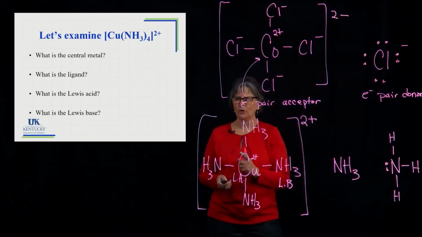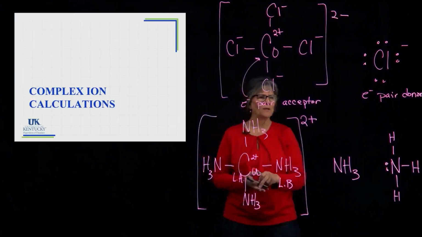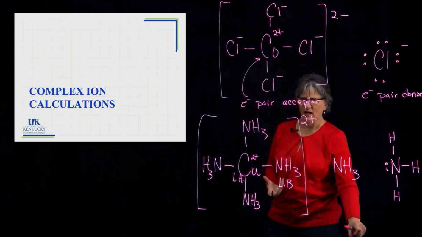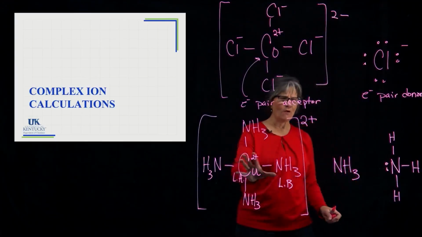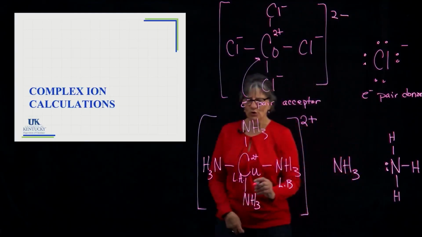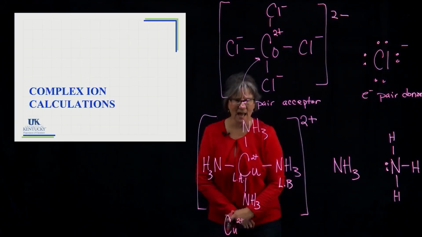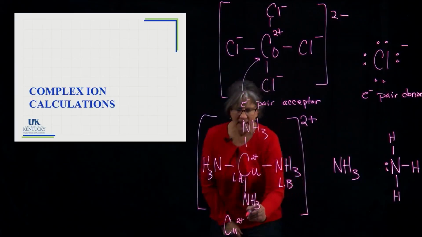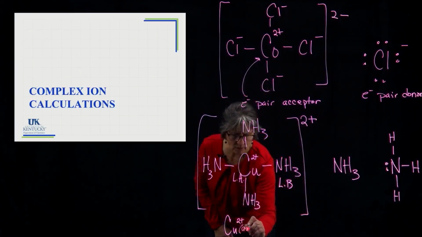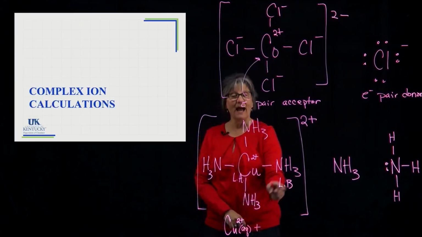Now, let me see if there's another statement here. When we get into this chapter, we're going to be talking about forming a complex ion. So how would we form this complex ion? The reaction is quite simple. You start with your central metal, which we have established as copper 2+. It is aqueous. You add to it the ligands.